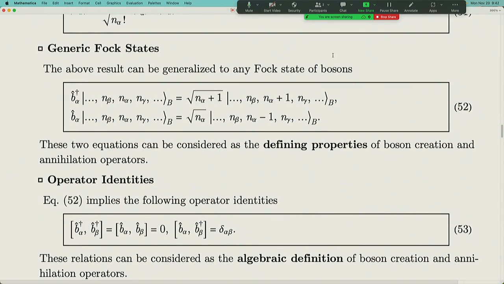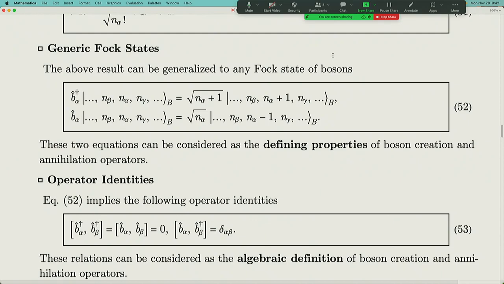And then if you want to apply now a boson creation operator, specifically creating one more particle on this alpha state, then what happens is that, first of all, the number of particles gets increased by 1. Secondly, very importantly, there's also a prefactor, and the prefactor has to do with the number of ways that you can insert this alpha state into the already existing n alpha particles.